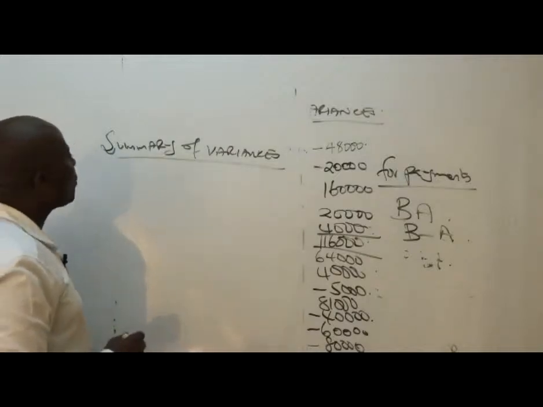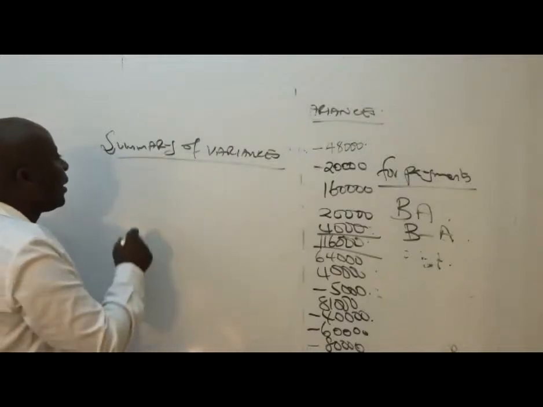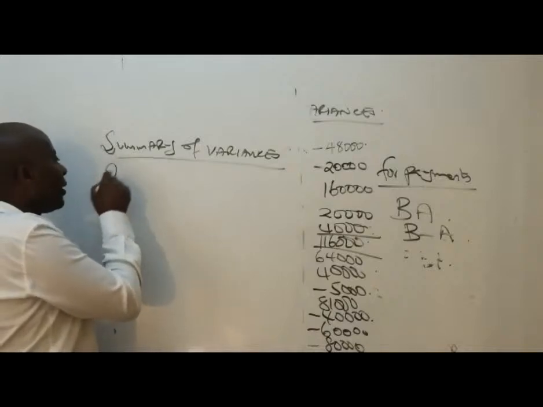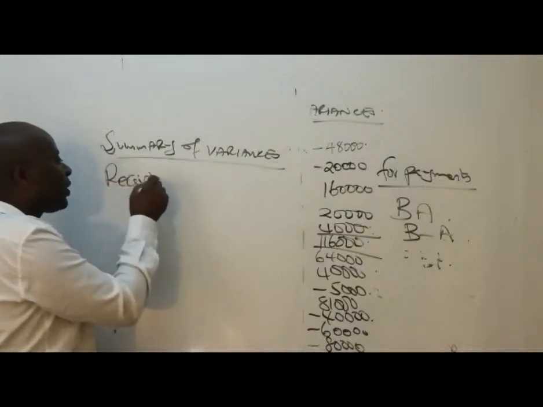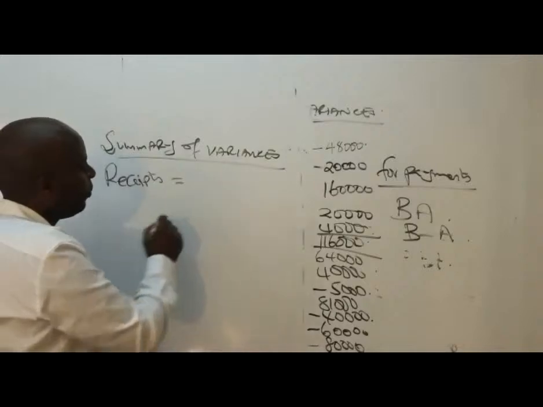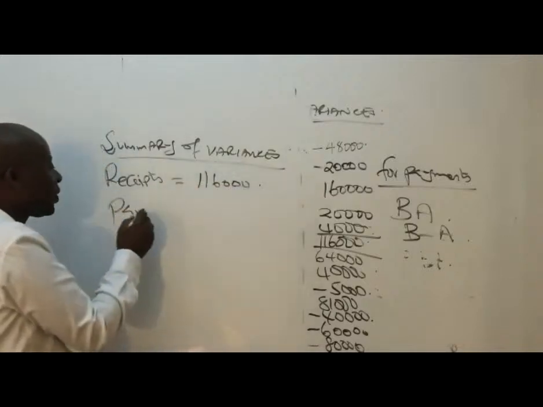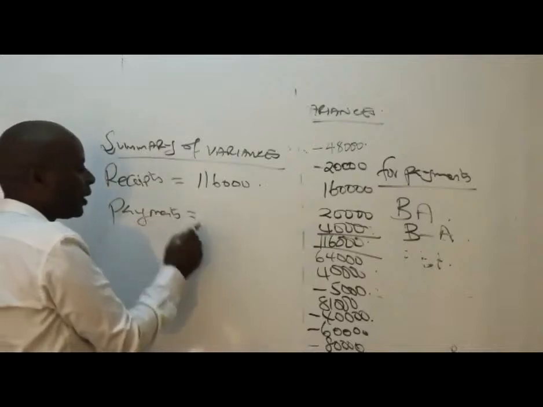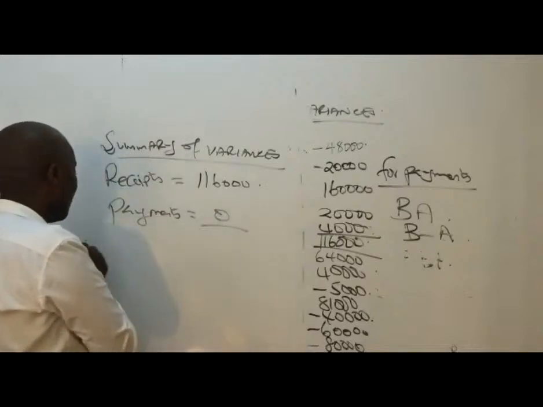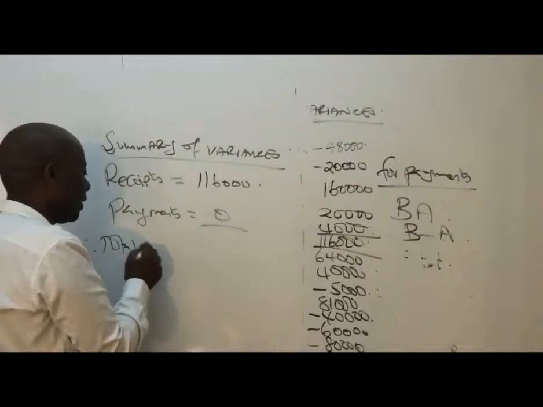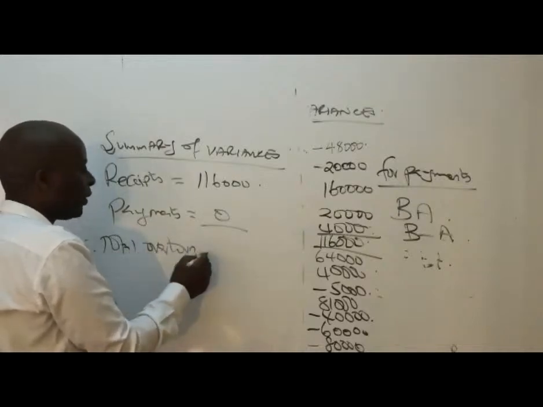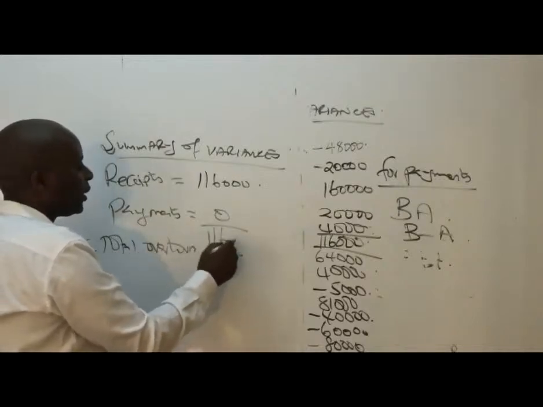We have the variances coming as a result of receipts. You give me 116,000. And then we have the variances as a result of payments, which gives us 0. And therefore the total budget overturn will be 116,000.